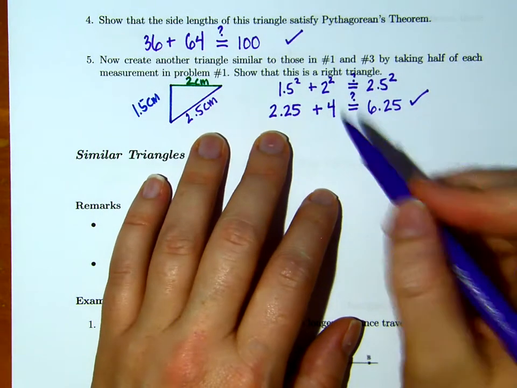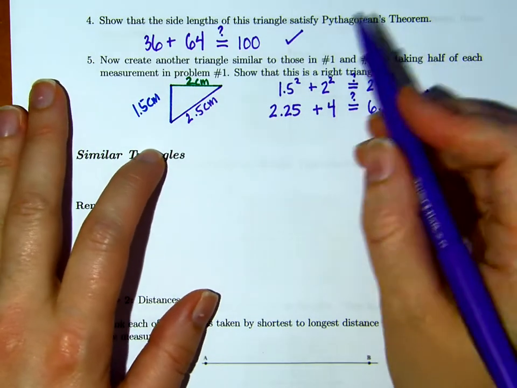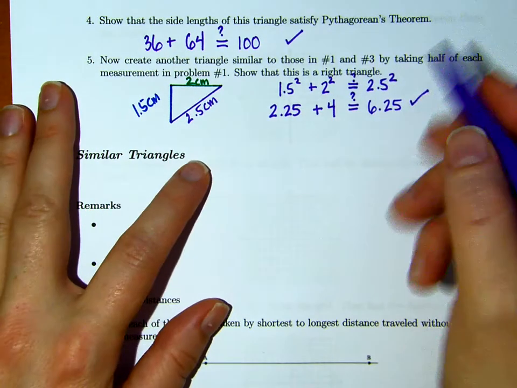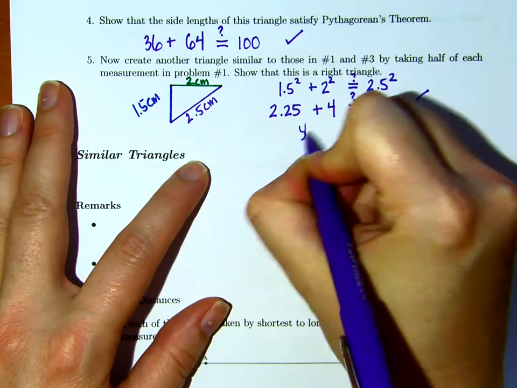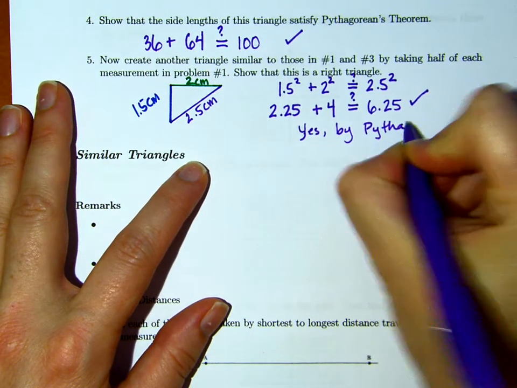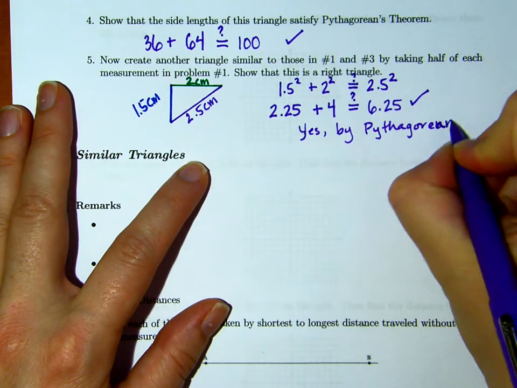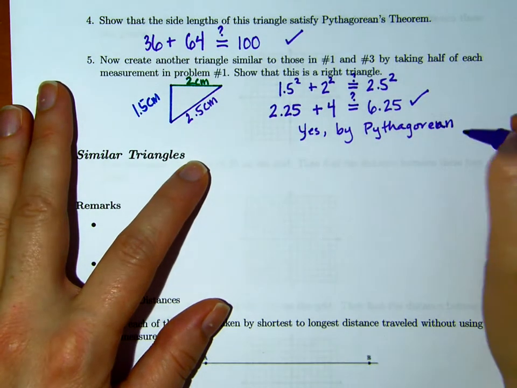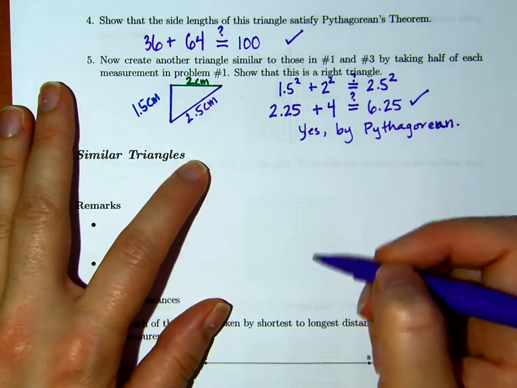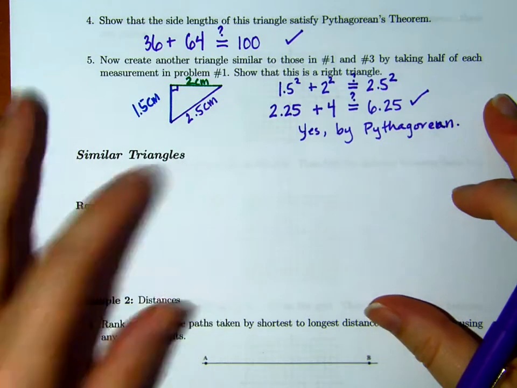Okay, so show that this is a right triangle. It is a right triangle because it satisfies the Pythagorean theorem. So, yes. Uh-oh, I forgot the A. By the Pythagorean theorem, yeah? Okay, so we can actually mark it as a right angle.